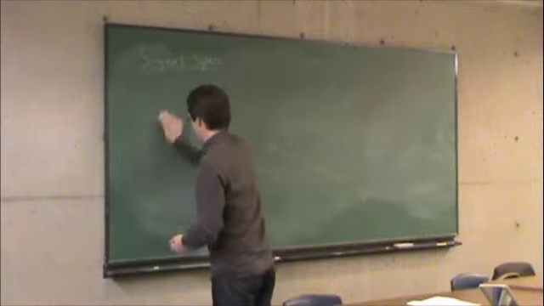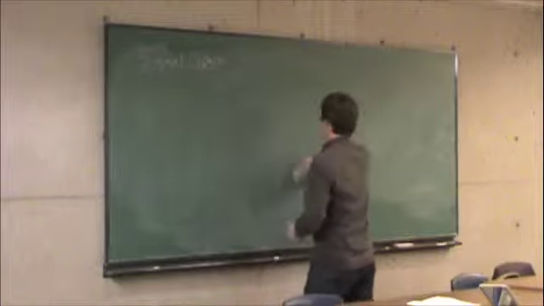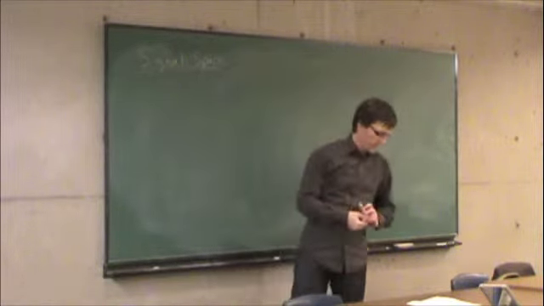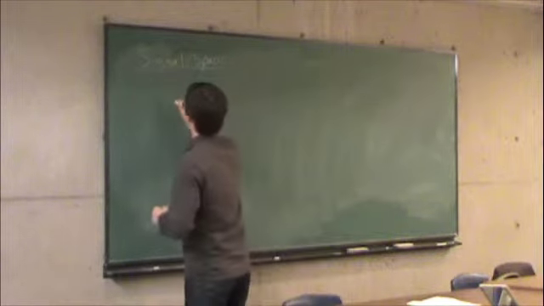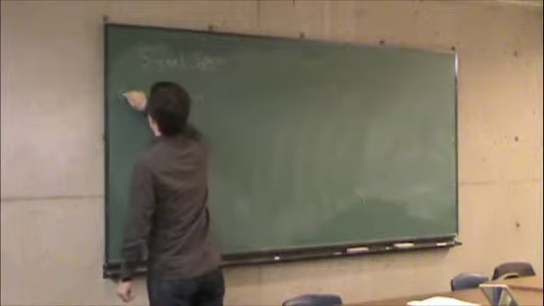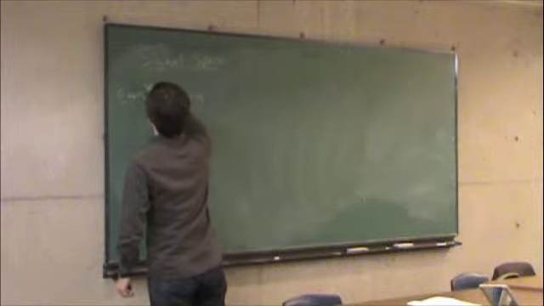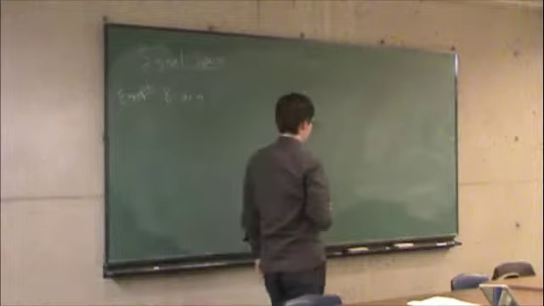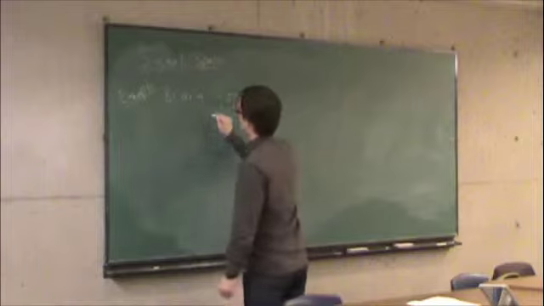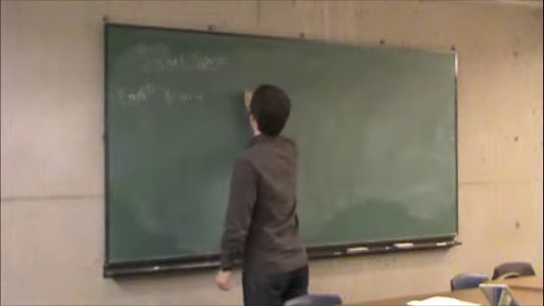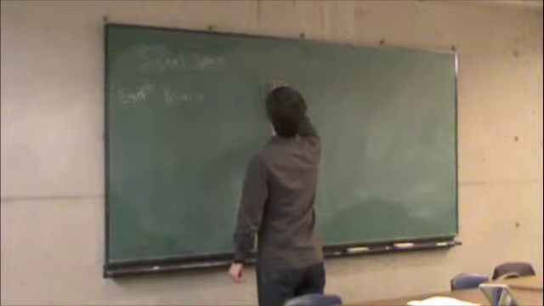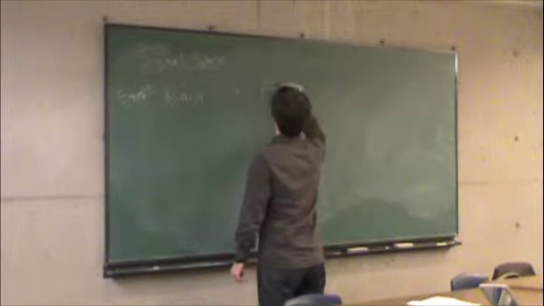Just to quickly review, let's do an 8-ary example. We did a 4-ary example last time, so let's do an 8-ary example where S of K is a polar NRZ signal.